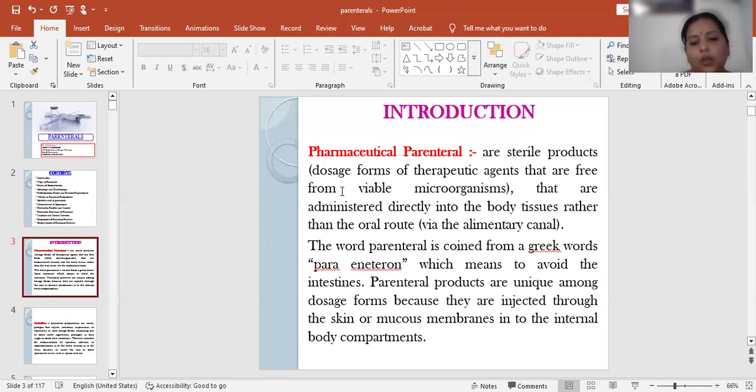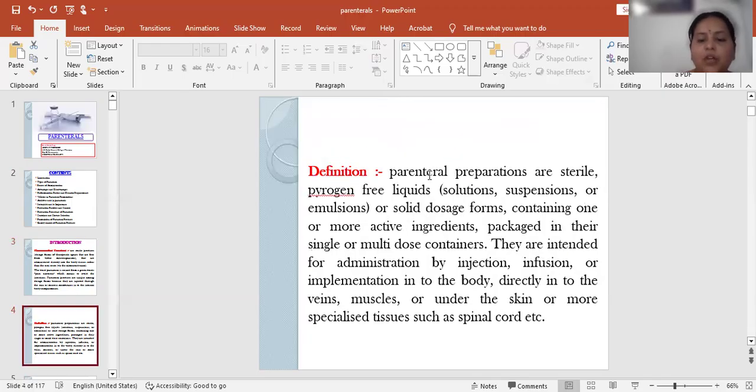Parenteral products are unique among dosage forms because they are injected through the skin or mucous membrane into the internal body compartments. Coming to the definition of the parenteral preparations, these are sterile and pyrogen free liquids. Pyrogen free liquids include solutions, suspensions, or emulsions containing one or more active ingredients packed in single or multi-dose containers.